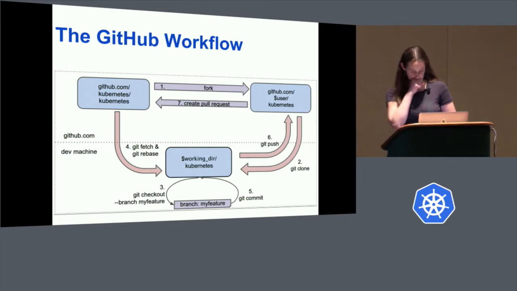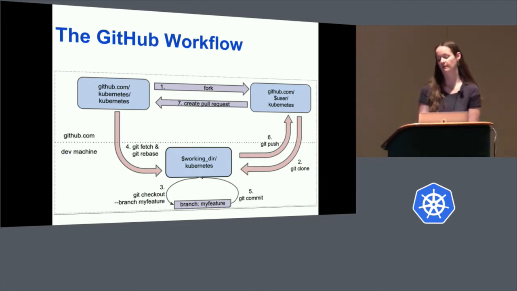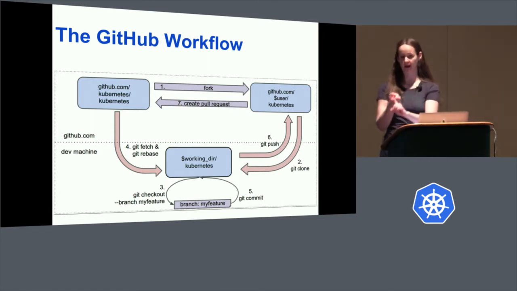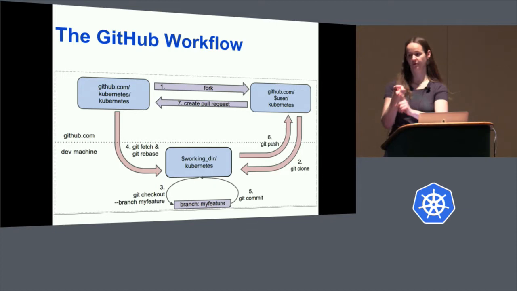And then once you have made all your changes, you can commit to your feature branch, push that feature branch again to your fork of the repo.